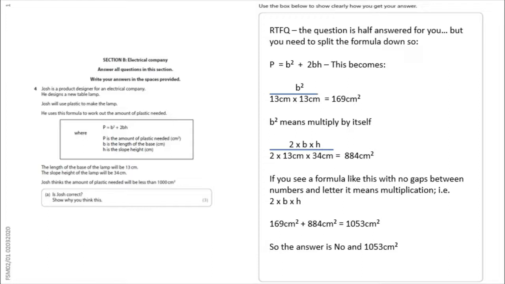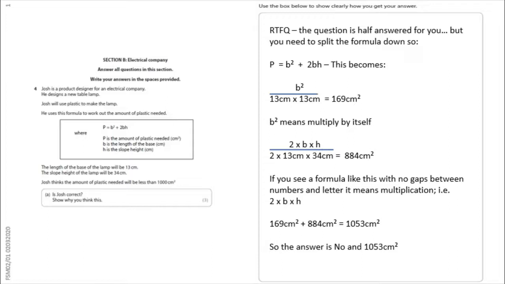B is the base of the lamp, 13 centimetres. H is slope height, 34 centimetres. So all we're doing is 2 times 13 times 34, which gives us 884 centimetres squared.